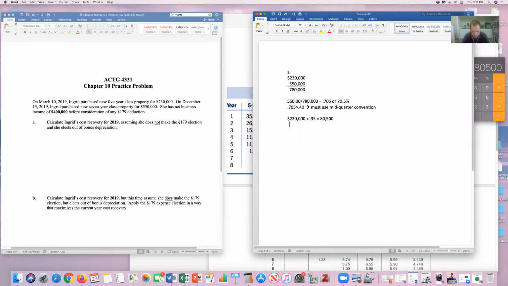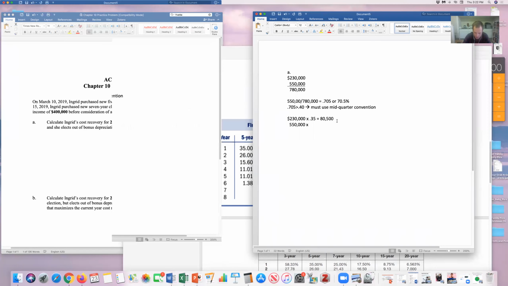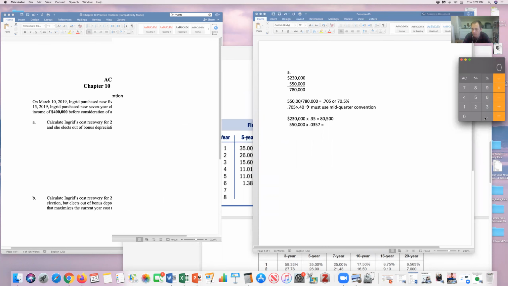And for the second asset, it was 7-year property and it was fourth quarter. So if I go to fourth quarter, 7-year, 3.57%, also known as 0.0357, that's going to give me $19,635.